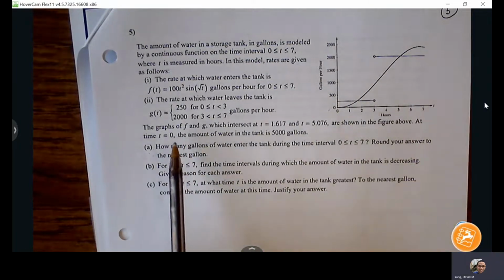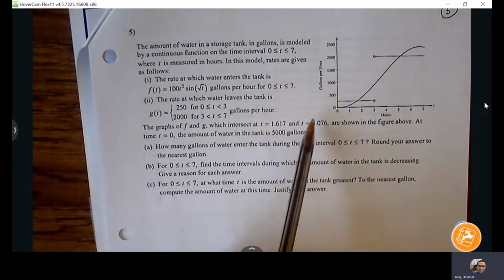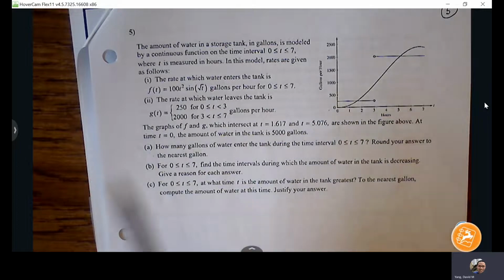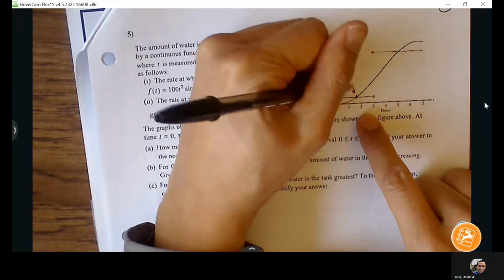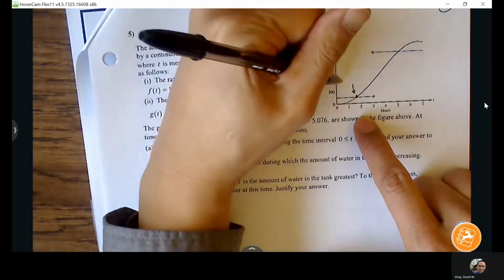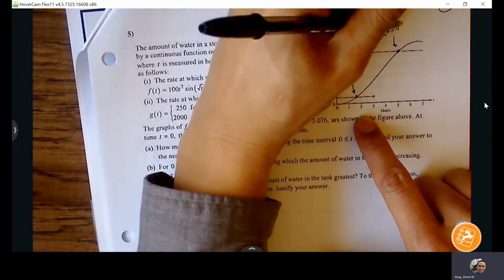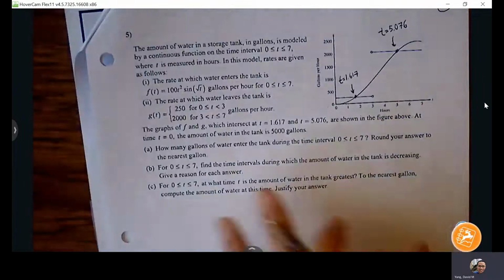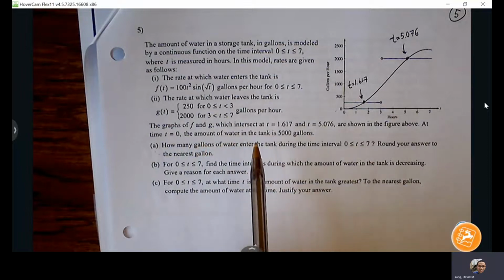They tell us that the graphs of F and G intersect at 1.617 and 5.076 hours. At time equals 0, the amount of water in the tank is 5,000 gallons.